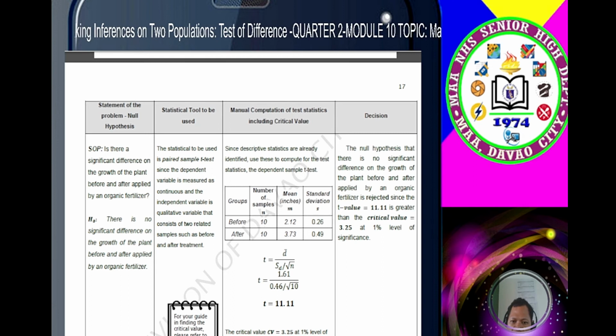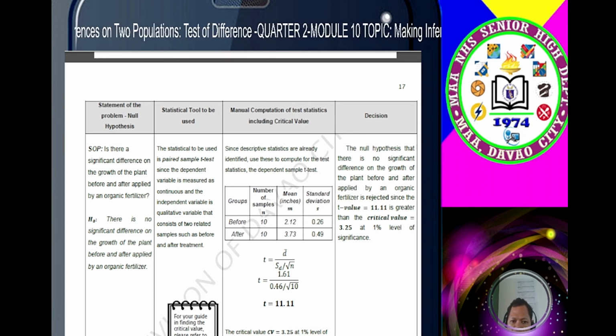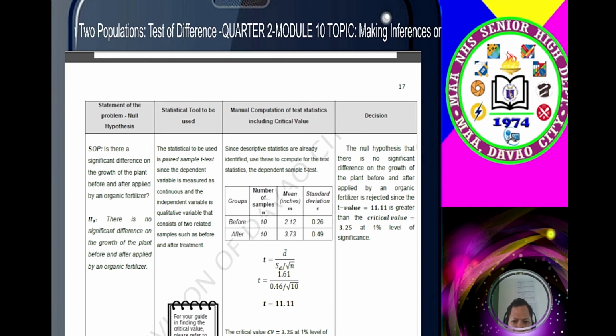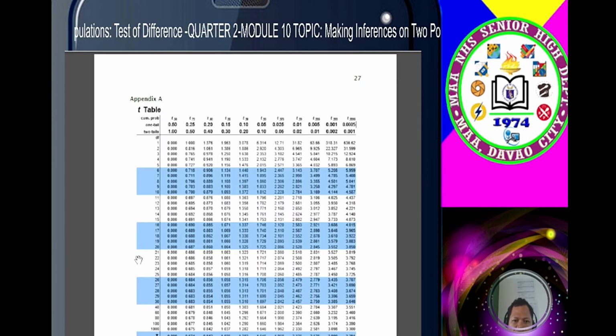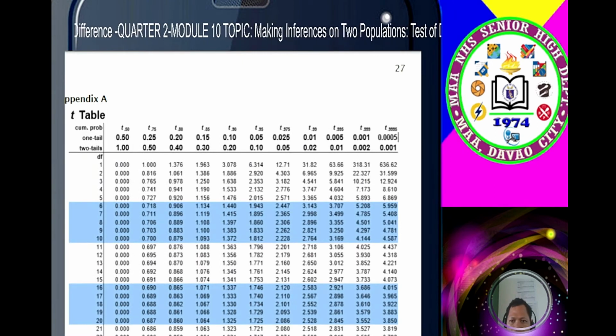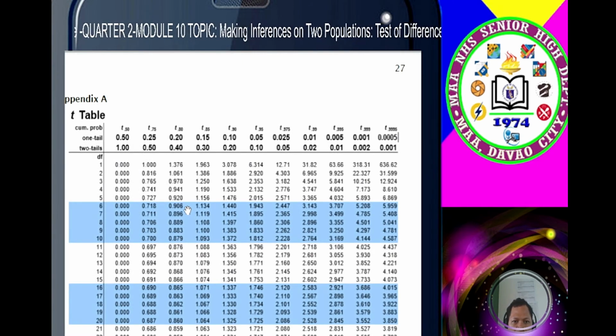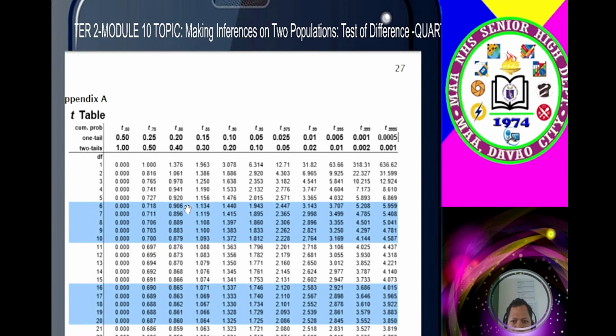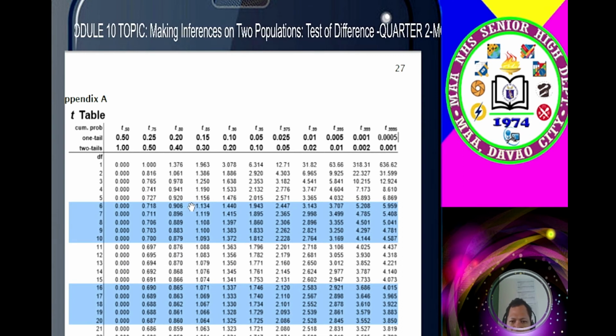So let's look at the table. Degrees of freedom is 9, at 1%. Let's zoom. So we have here 1%.